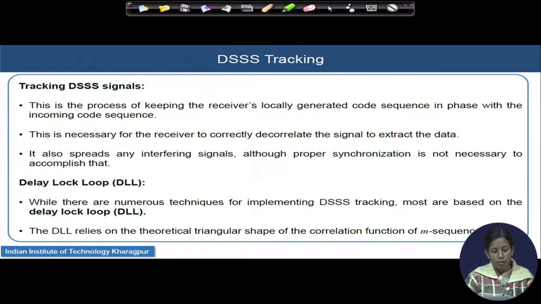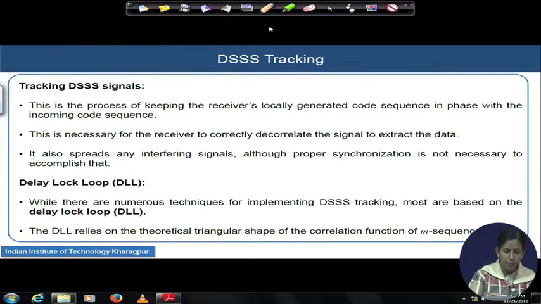This tracking also spreads any interfering signals, although the proper synchronization is not necessary to accomplish it. Remember that when we do the acquisition, we utilize the PN sequence, like your PN acquisition. When we do the tracking, we again utilize the same PN sequence.